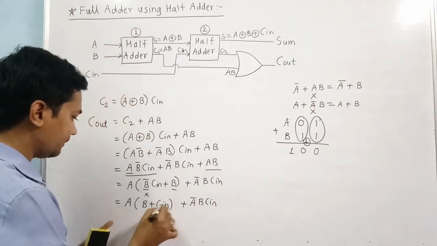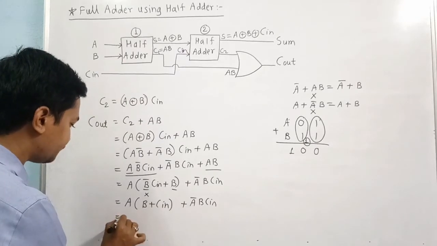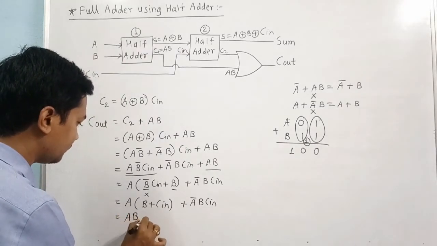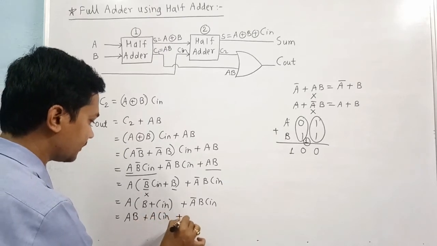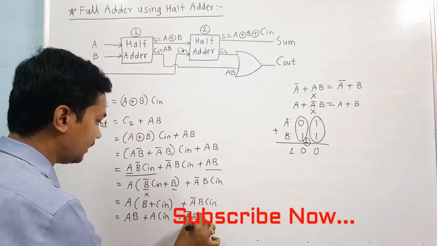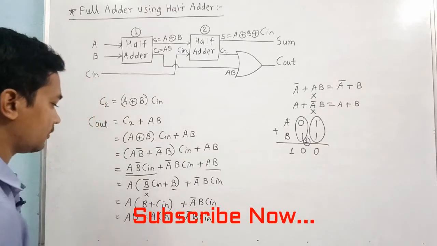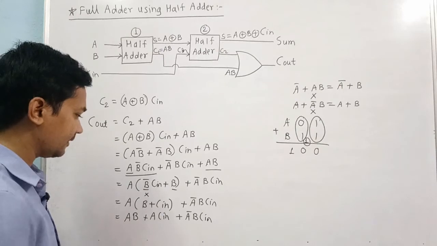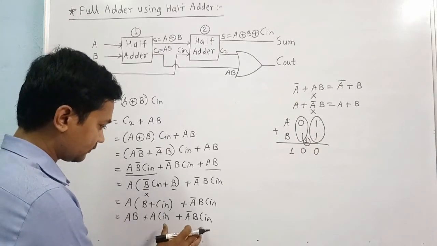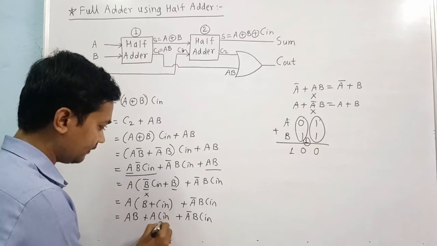Now we will further simplify this as AB plus A C in plus A bar B C in. Now what can we do? We can get C in as a common term.